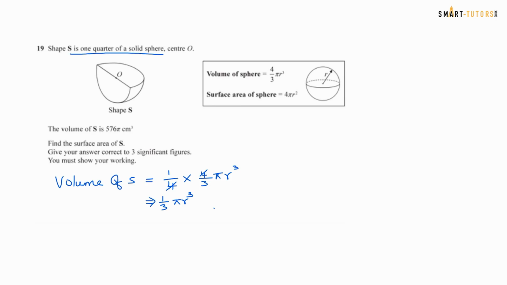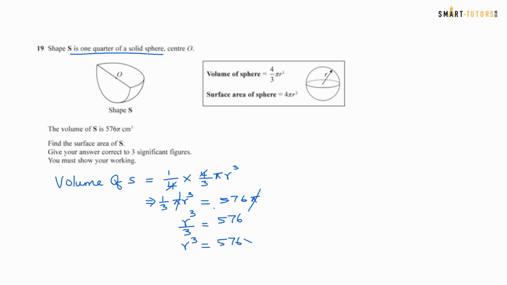That is equivalent to 576 pi. So I cancel the pi on both sides. So r cubed over 3 equals 576.